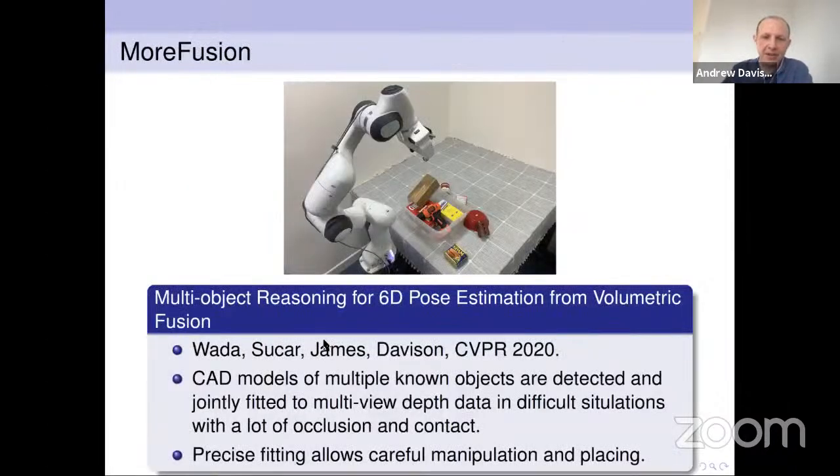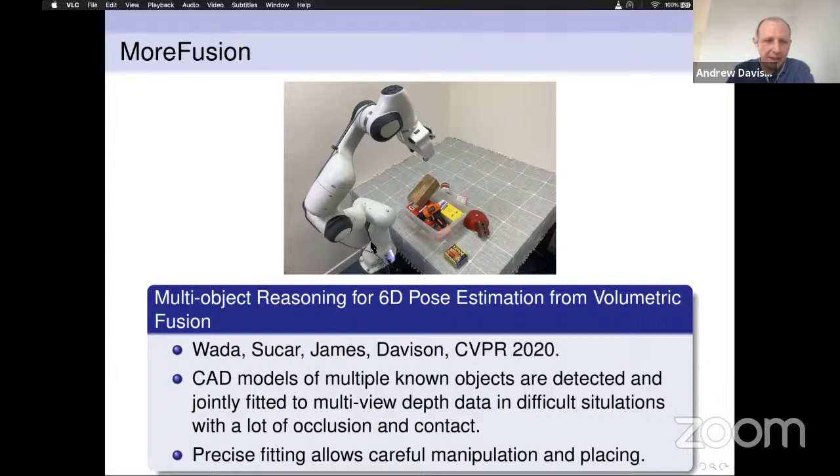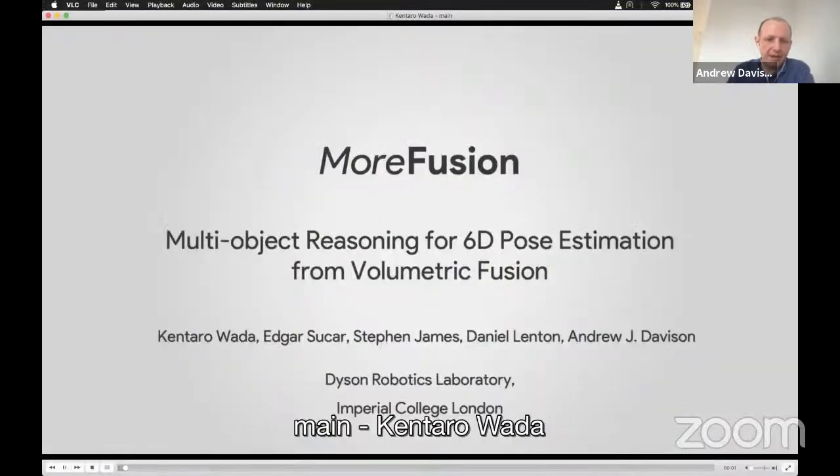So in fact, still with that basic assumption, we can go further. A recent system we published called Fusion, it still basically has this assumption that we're trying to make a map of objects in the scene for which we have strong prior models. But here we're going to show that that allows us to tackle this more difficult case where those objects are actually closely interacting with each other.